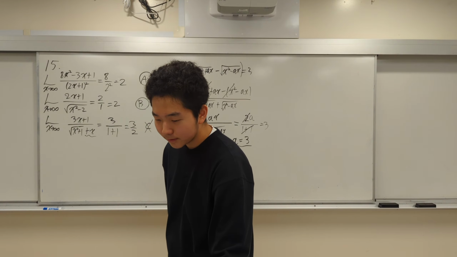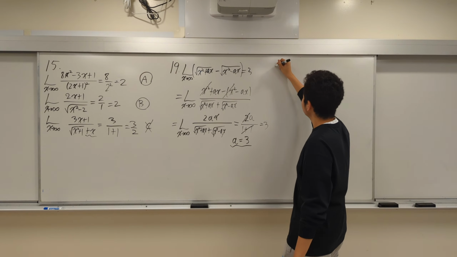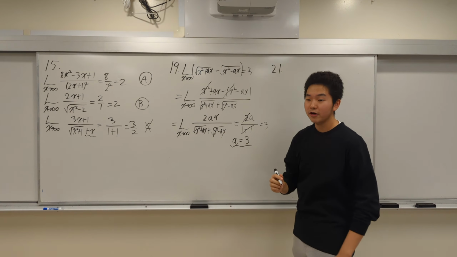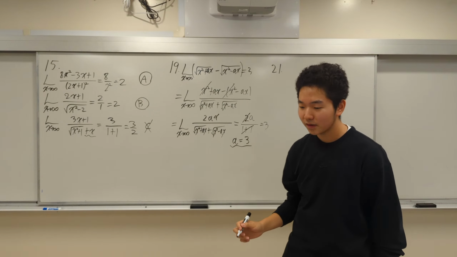Okay, so this was one of the more tricky ones. So we did number 20 last time. 21 gives us a slightly different scenario from number 20, but the gist of how we solve it is pretty similar.